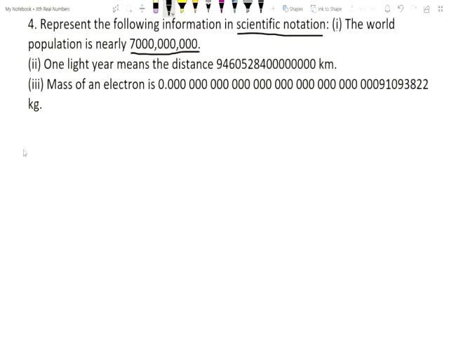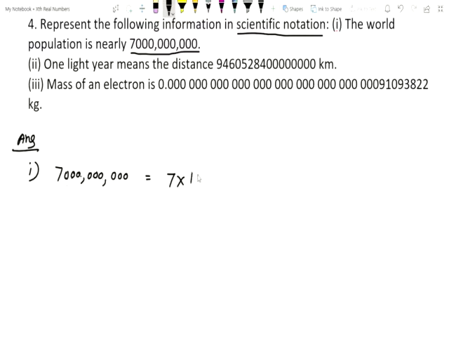The first one. The world population is this one. So 7, we are going to convert this into scientific notation. How to convert this? 7 into, after that how many zeros are there? 1, 2, 3, 4, 5, 6, 7, 8, 9.